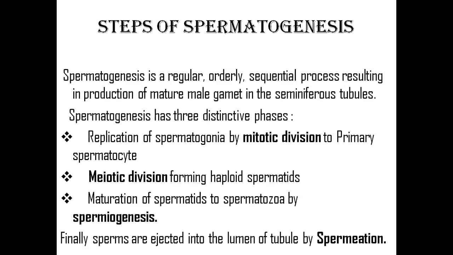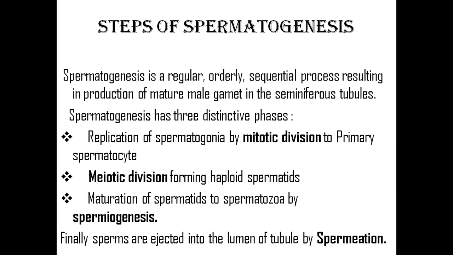Now comes the steps of spermatogenesis. So the main cells within the seminiferous tubule are the developing spermatogonia cells into the matured spermatozoa. So spermatogenesis is a process by which the mature gamete develops in a seminiferous tubule.